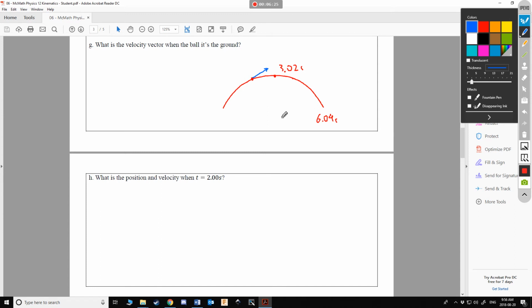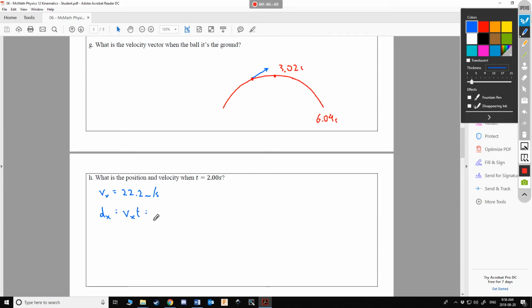So let's do the velocity first actually. So we know that Vx is still 22.2 meters per second. Let me actually go ahead and solve for dx. dx is just going to be Vx t.